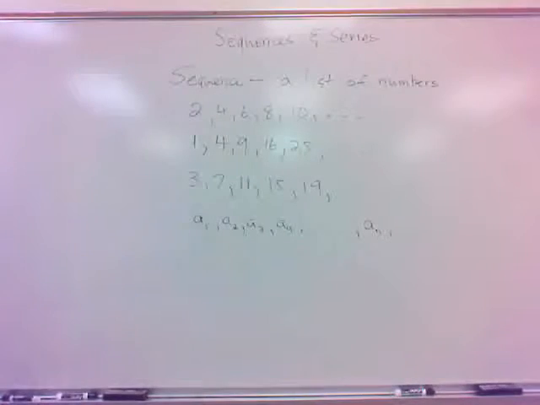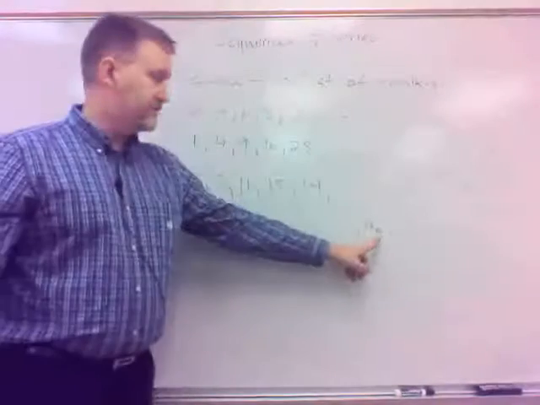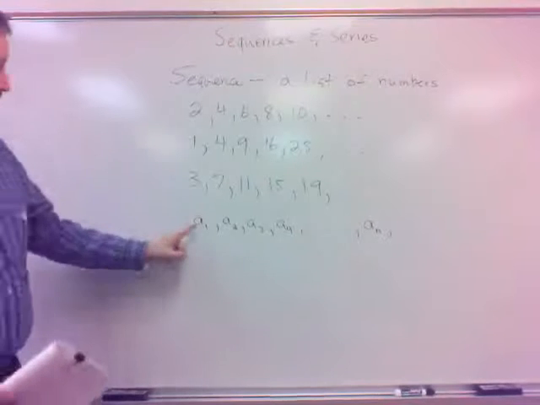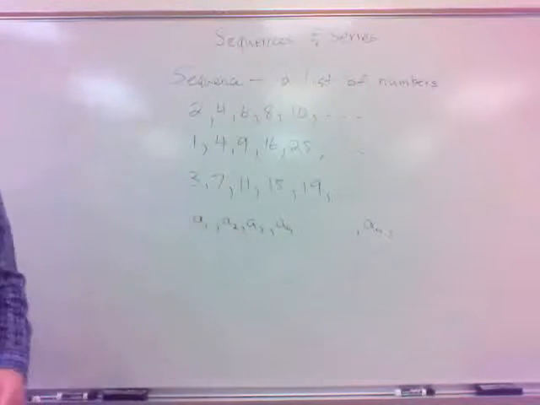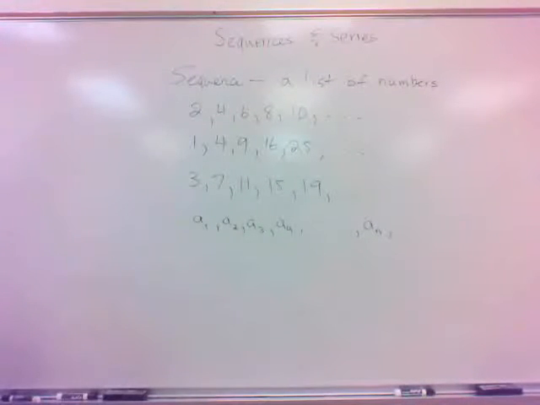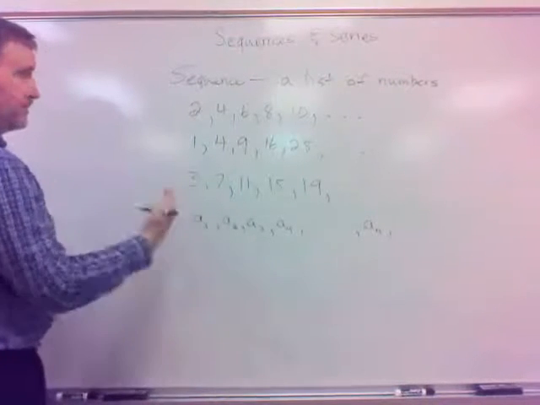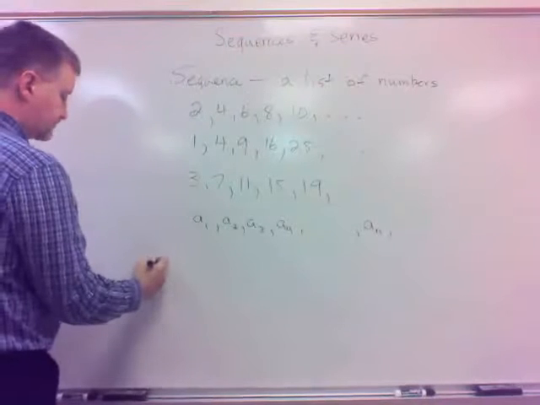We would call it a sub n for the general term that we're talking about. So we'll use that notation a little bit here: a sub 1 for the first term, a sub 2, and so forth, okay? Keep that in mind.